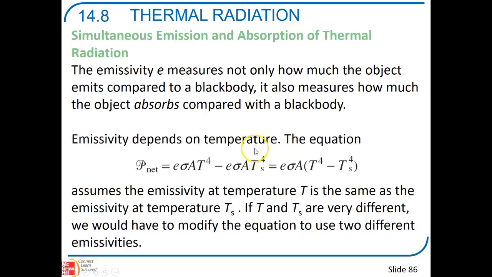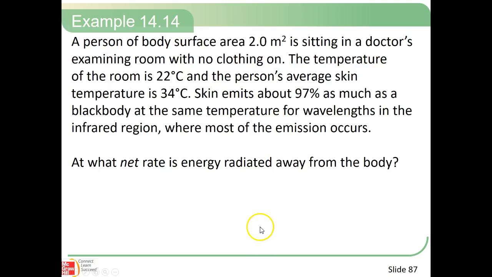So emissivity here really just depends on temperature. Our equation assumes that the emissivity at temperature T is the same as it is at temperature Ts. If these two temperatures are very different, we would have to modify the equation and use a couple of different e values. But for what we're doing, we can use the same one every time.